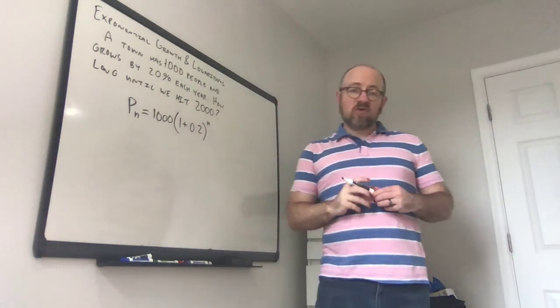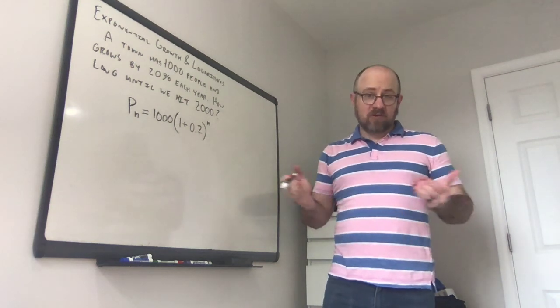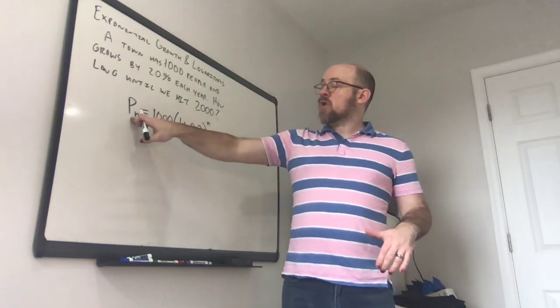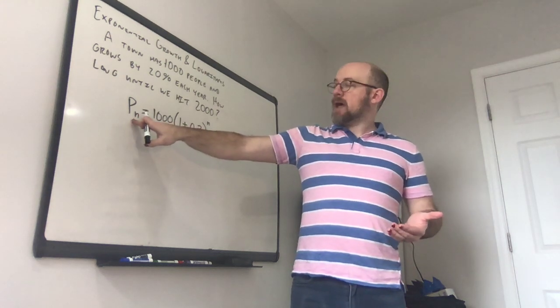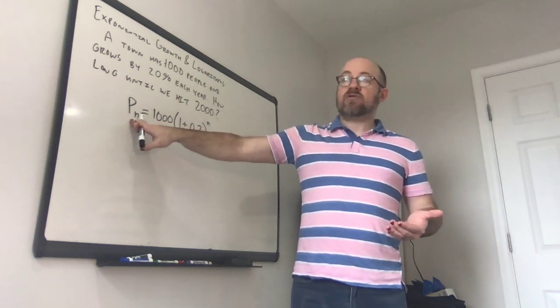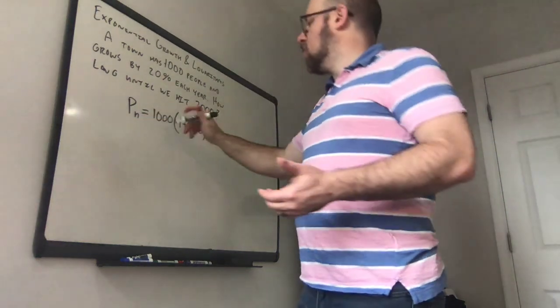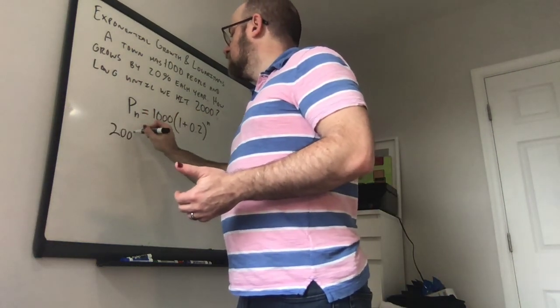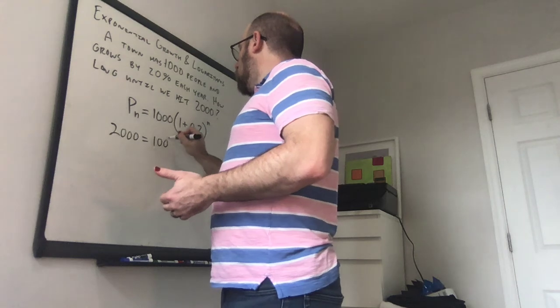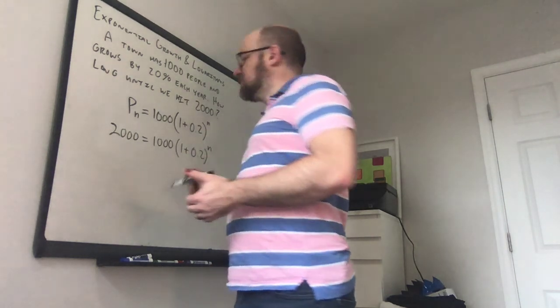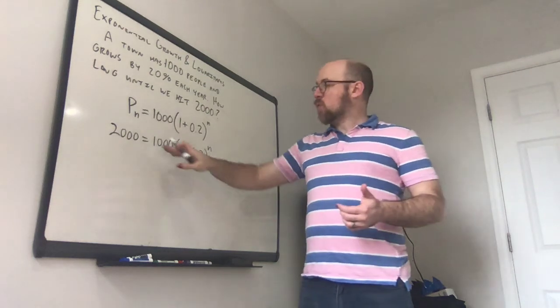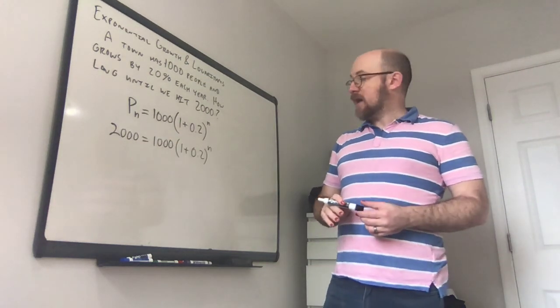And if you think back to how we solved these problems when we were looking at linear growth, we want to know, for what n does the population equal 2,000? So 2,000 equals 1,000 times 1 plus 0.2 to the n. We're looking for when that P sub n is equal to 2,000.